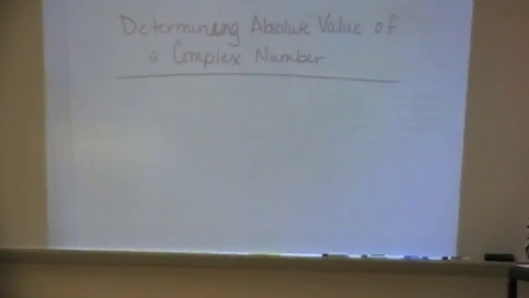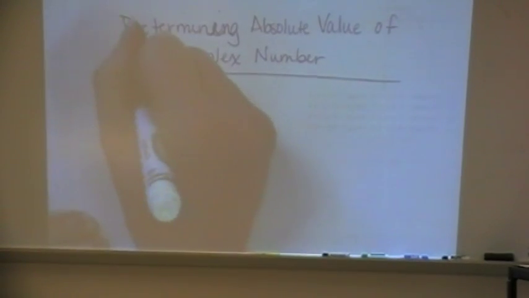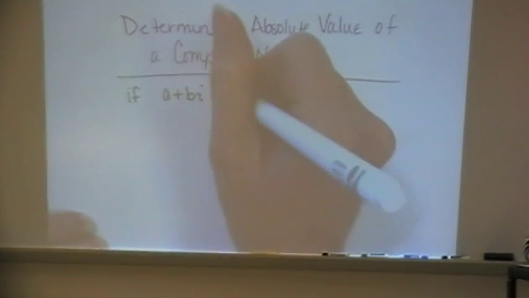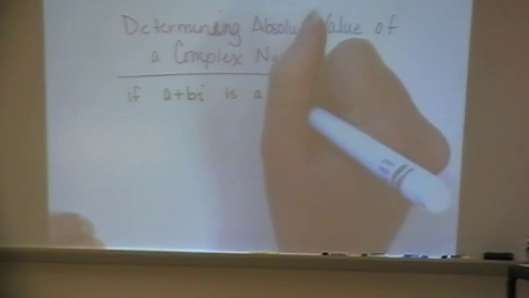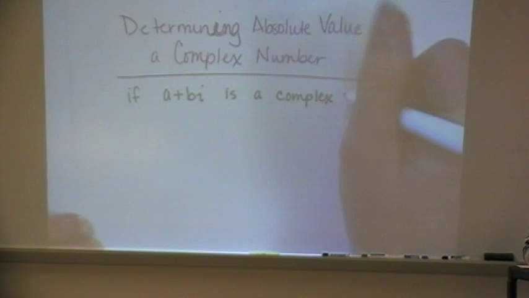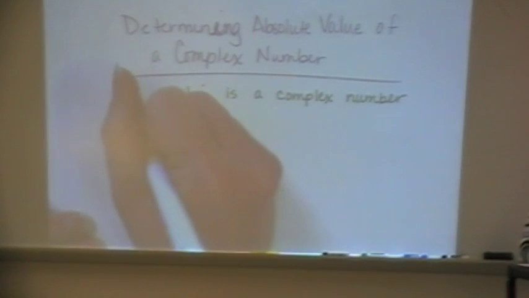Okay, absolute value of a complex number. We never did this before. But it's pretty easy. If it were absolute value of i squared, it'd be 1.